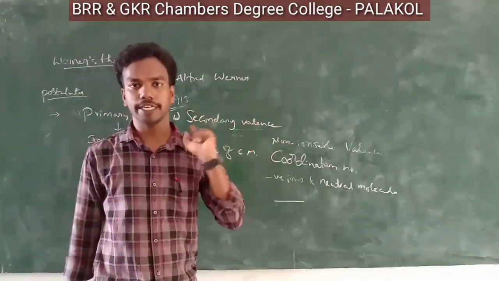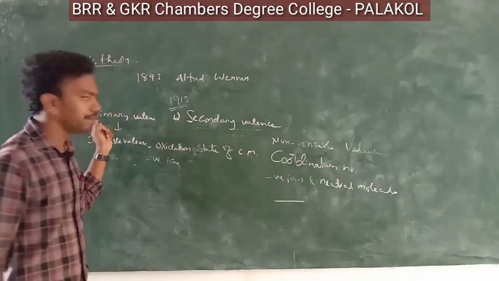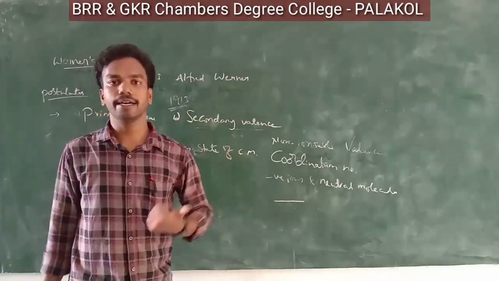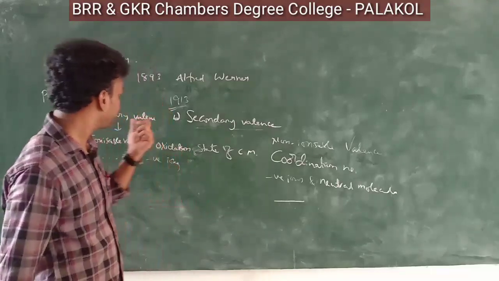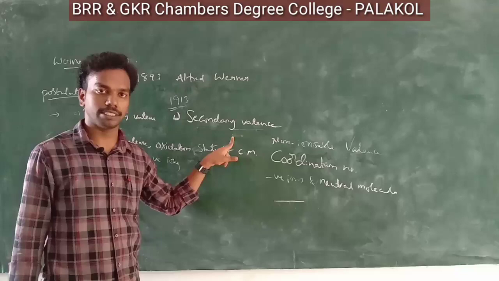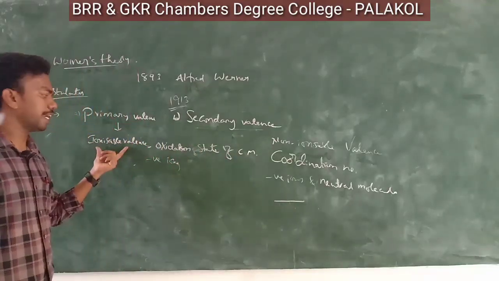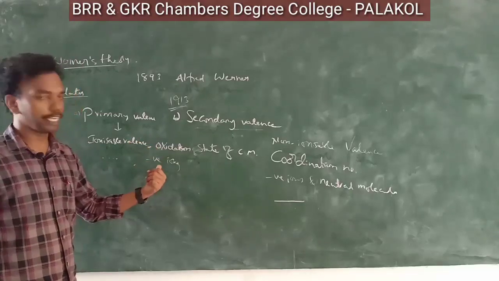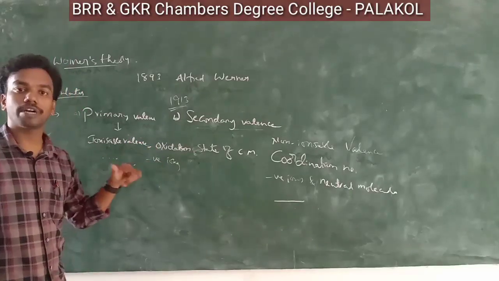Okay, the first postulate is: every metal atom in a complex containing a metal atom and ligands will exhibit two types of valencies. One is primary valency, and the second one is secondary valency. Primary valency is also known as ionizable valency, corresponds to the oxidation state of the center metal atom, is satisfied by negative ions, and is represented as dotted lines in the structure.